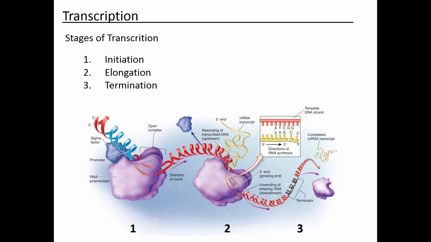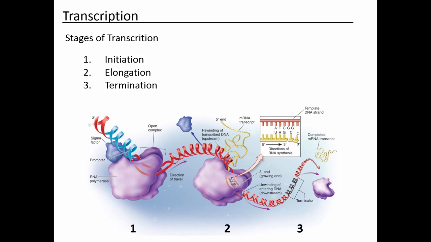And in bacteria, RNA polymerase has a detachable subunit, so that means that it can detach from RNA polymerase. And that detachable subunit is called sigma factor. And sigma factor recognizes the promoter, and that's how RNA polymerase binds to the promoter in bacteria. So RNA polymerase binds the promoter through sigma factor in bacteria.